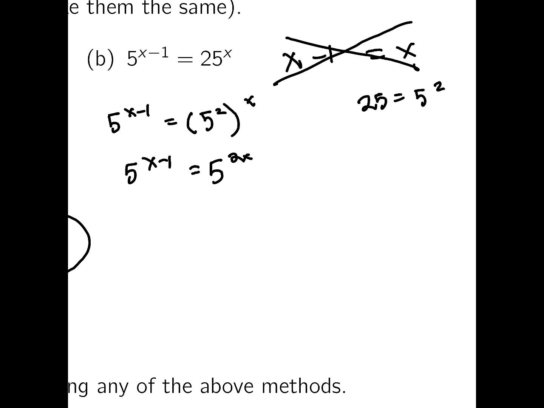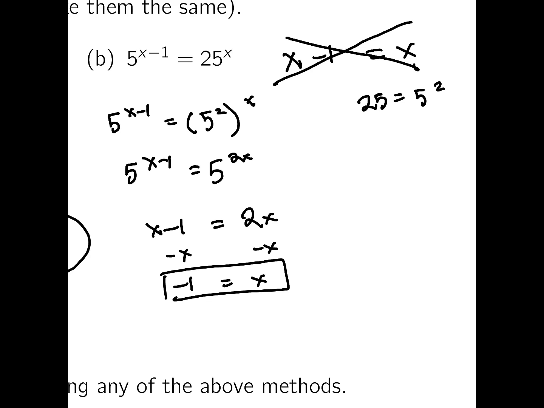We can actually multiply those exponents together. Now that I've done a little manipulation on this, I do have it written as base to a power is equal to same base to a different power, which means I can go ahead and equate those exponents, writing this as x minus 1 is equal to 2x. I'll subtract x to get my x's together, and I get negative 1 is equal to x, solving my equation.